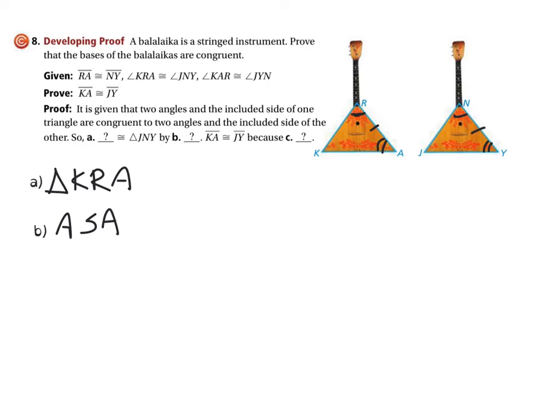Then we can take that last step and say that side KA is congruent to side JY because, how do we know that? The same thing that we're doing with this whole section: corresponding parts of congruent triangles are congruent. CPCTC. Done.